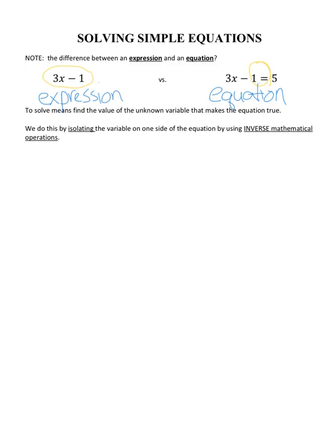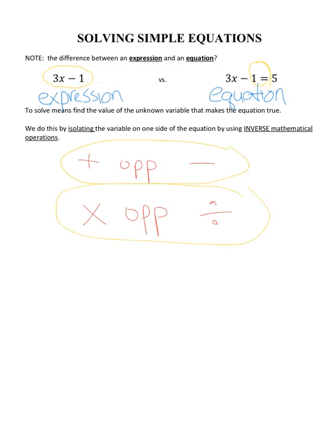You might recall that if we have an addition, the inverse or opposite operation would be a subtraction. Similarly, if we have a multiplication, the opposite operation would be a division. Adding and subtracting are opposite operations, and multiplying and dividing are opposite operations.